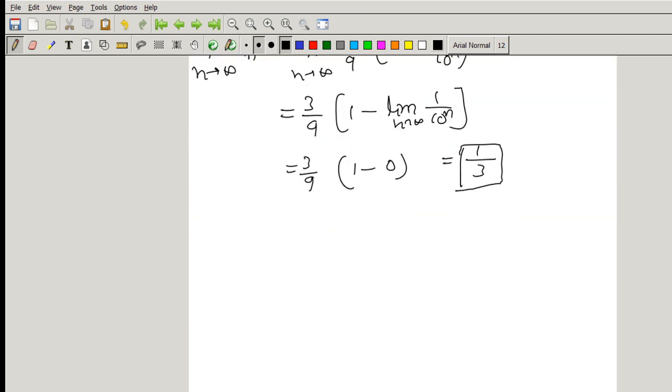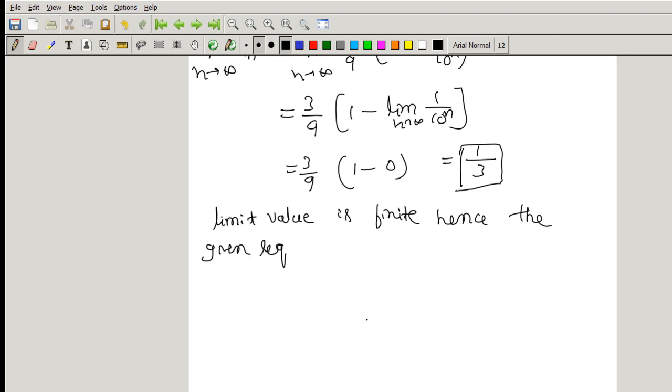Hence, the given sequence is convergent. This is one of the easiest methods to check convergence of a sequence of the form 0.3, 0.33 and so on.